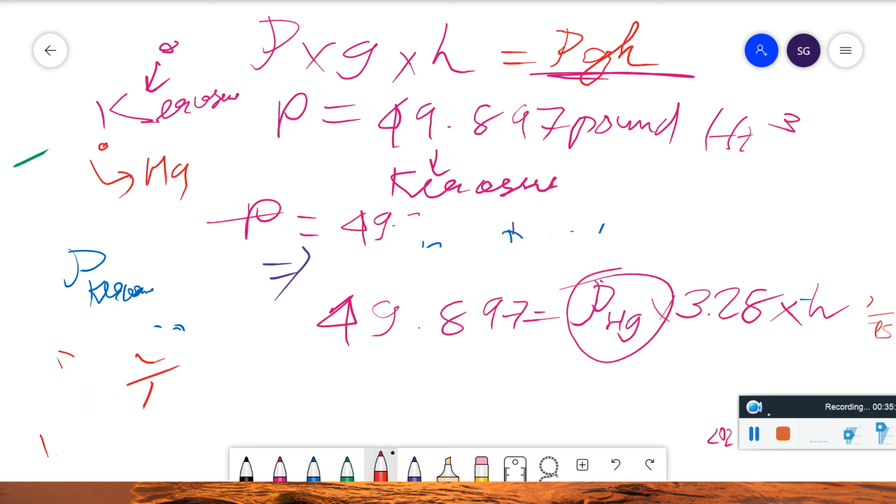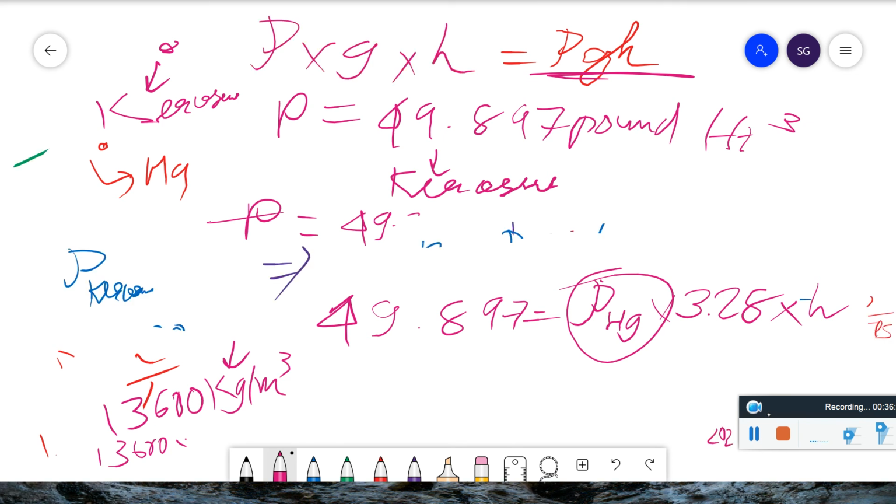We know that rho of Hg is 13,600 kg per meter cube, isn't it? Now simply what we have to do is 13,600 into, this we need in pounds.